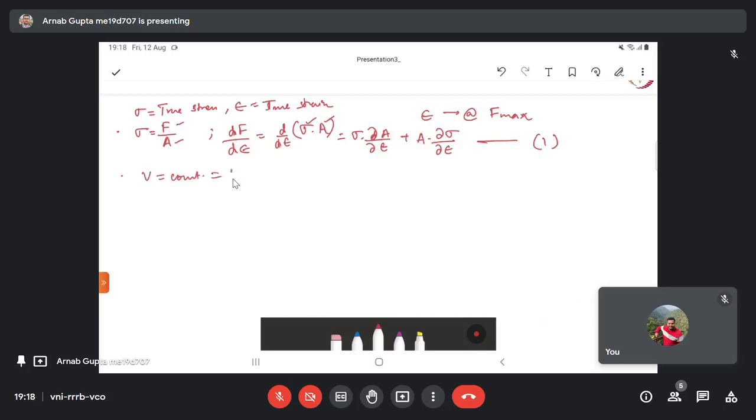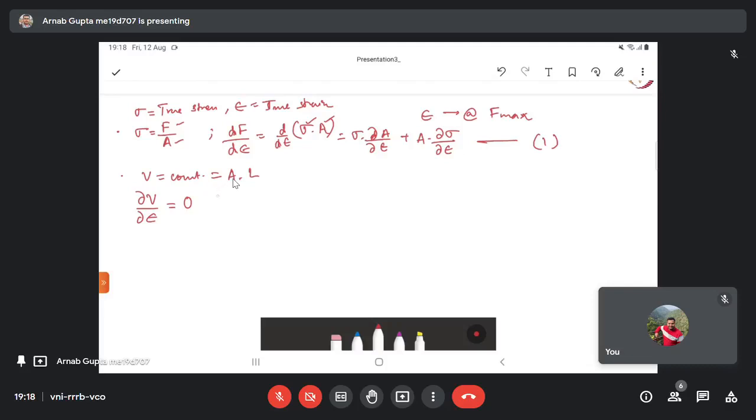So volume can be written as A into L. However, this A and L are changing with time, but the volume is constant. So we can also write dV by d epsilon is equal to 0.